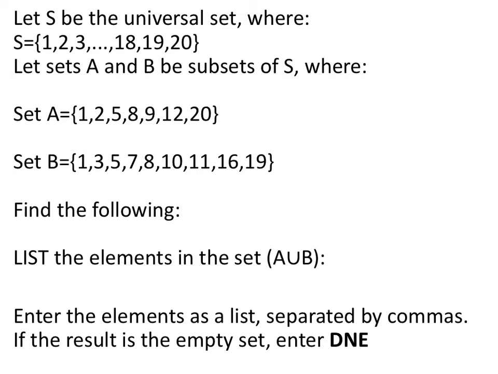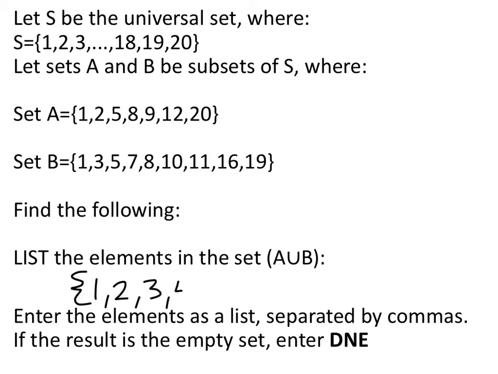So find the following. List the numbers or the elements in the set A union B. So we do need our nice fancy brackets. And I assume on the homework they'll want these listed in order from least to greatest. So I see 1 is part of both sets, but again, I'm not listing it twice. Then there's a 2, a 3.